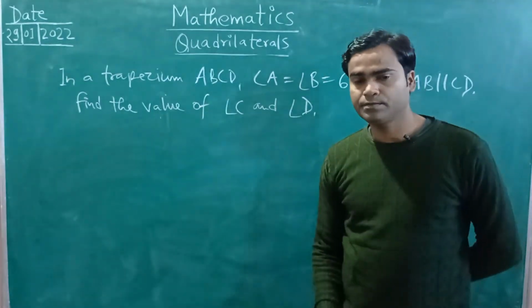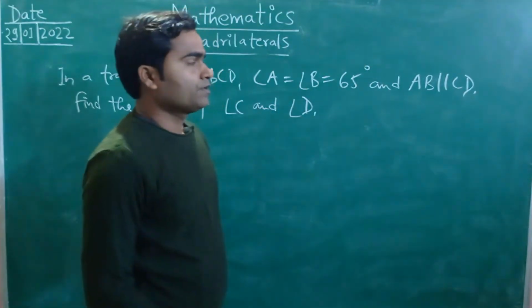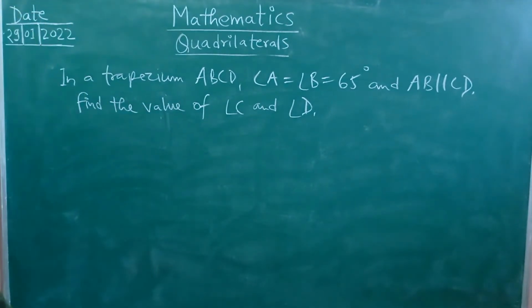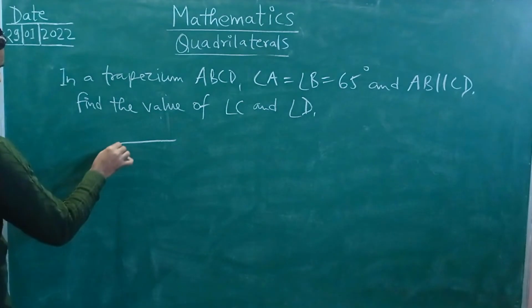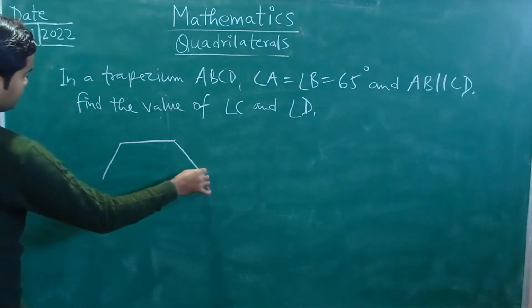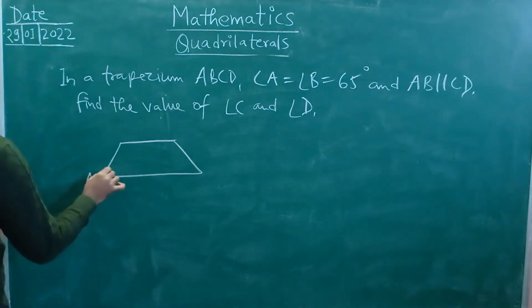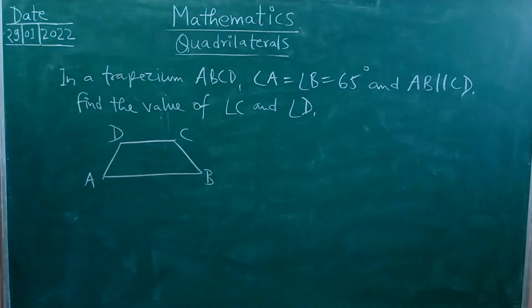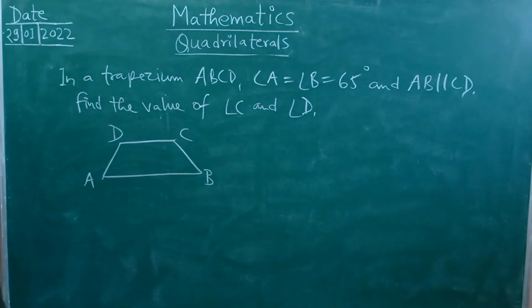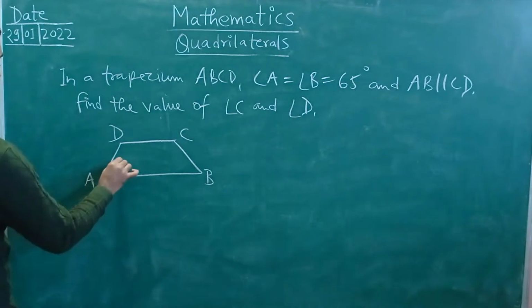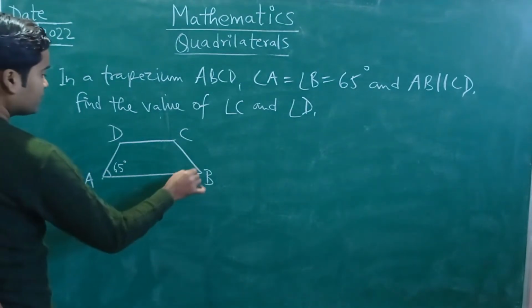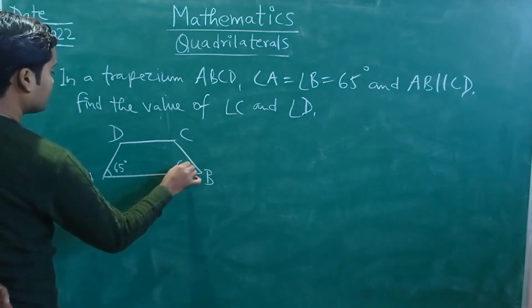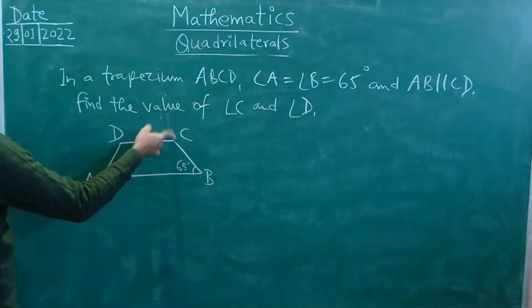Let us make a trapezium ABCD in which AB parallel to CD is given. Angle A is 65, angle B is also 65. We have to find angle C and angle D.